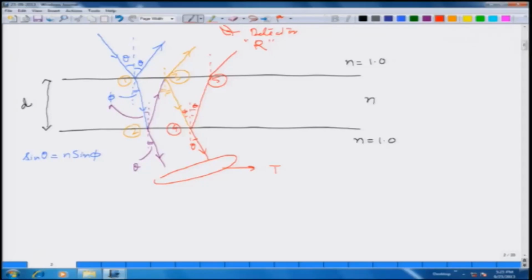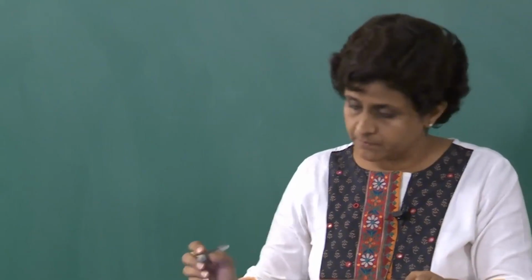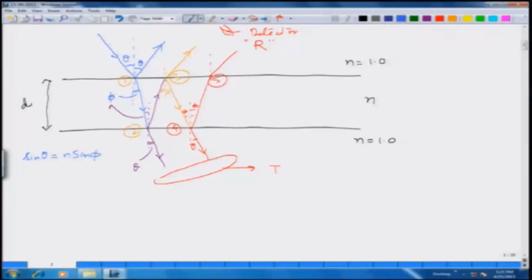Now, in this picture, I would like to make sure that we are clear about the assumptions that we have made here. So, the assumptions in drawing this picture are that I am assuming parallel plate geometry. So, the geometry of the thin film is a plane, parallel plate of refractive index n.